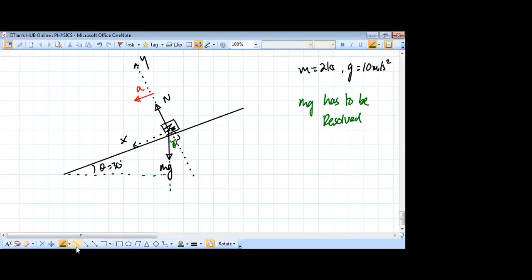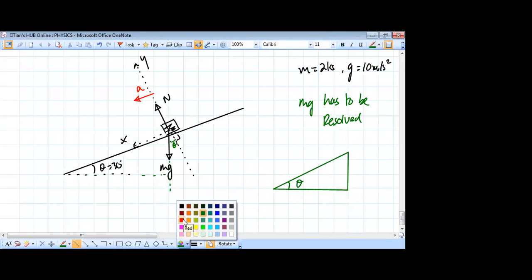This is something very important to understand: on the inclined plane, if this angle is theta, then when I draw the normal here, this angle becomes theta. So mg has to be resolved.